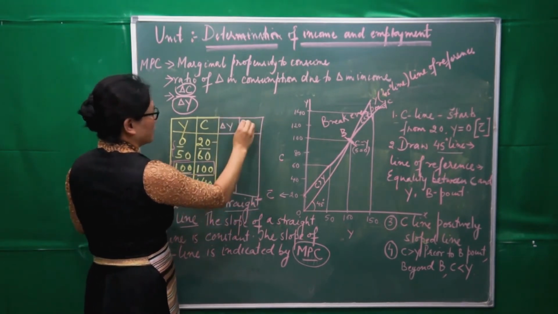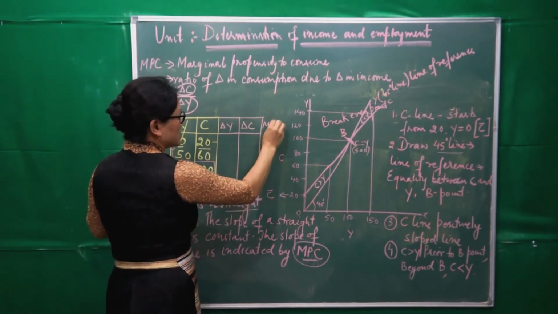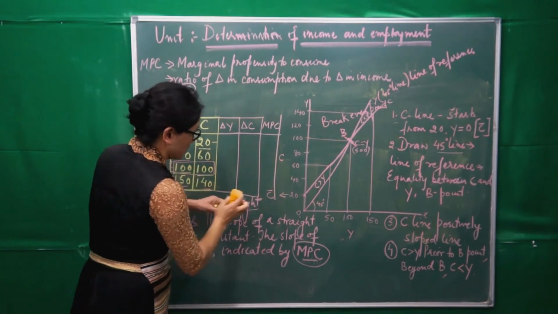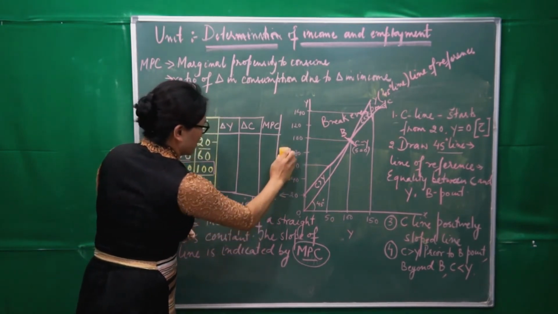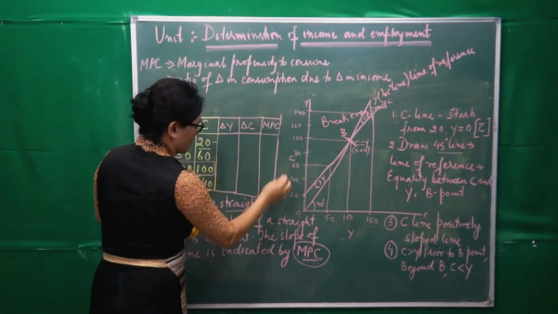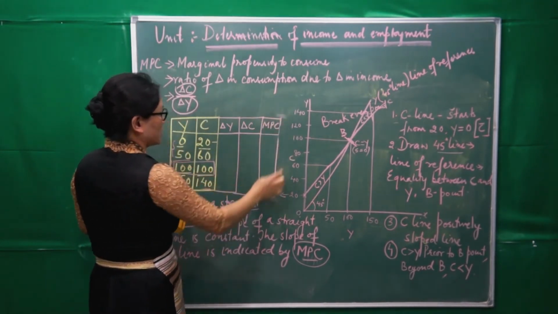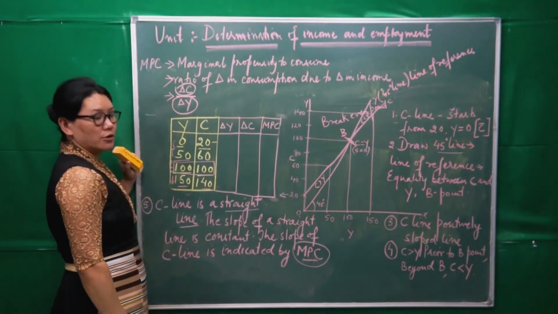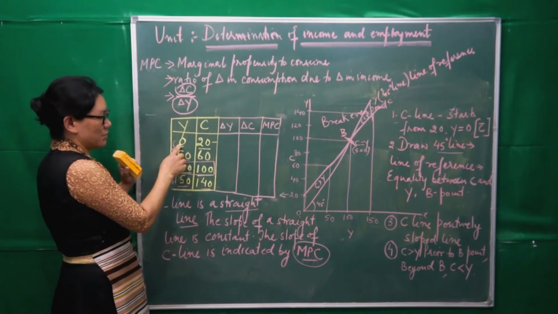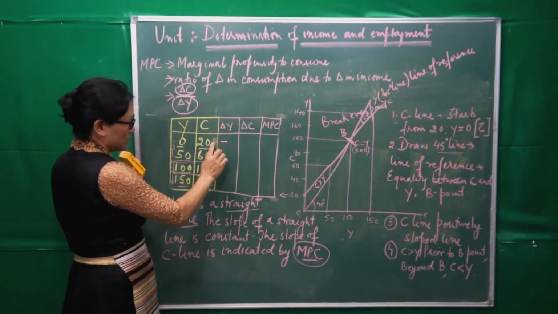And then we have change in C, and these two will give us MPC. Okay. How to go for change in Y? It's very simple. So initially we cannot find out the change in Y, so we will keep it like this.